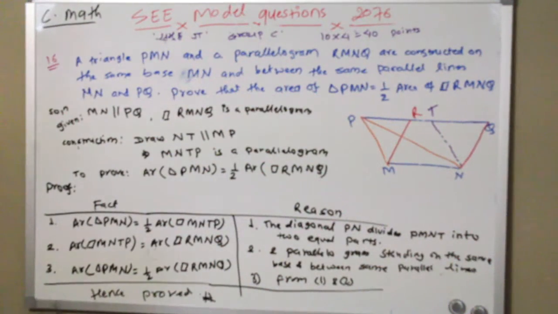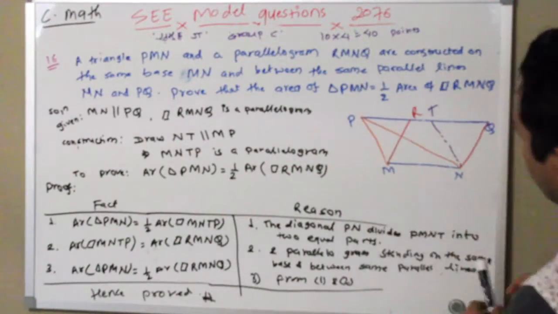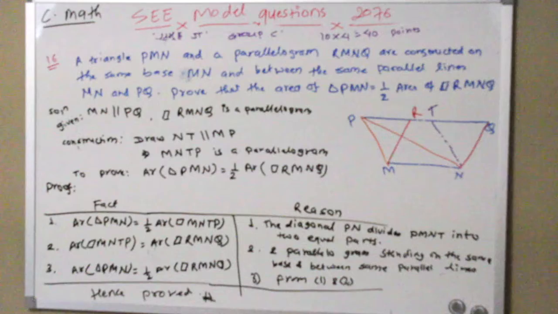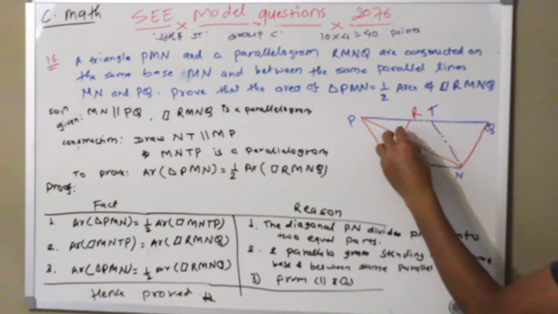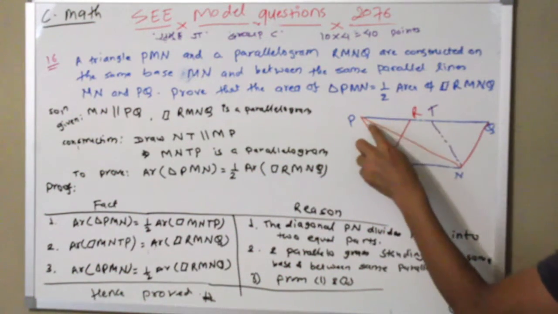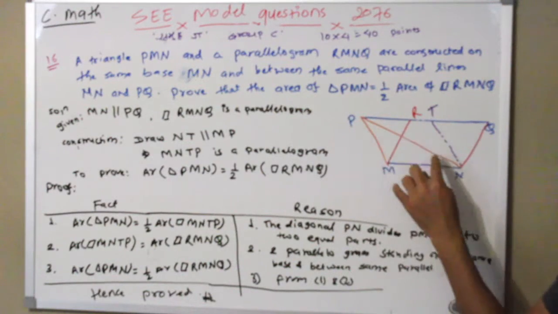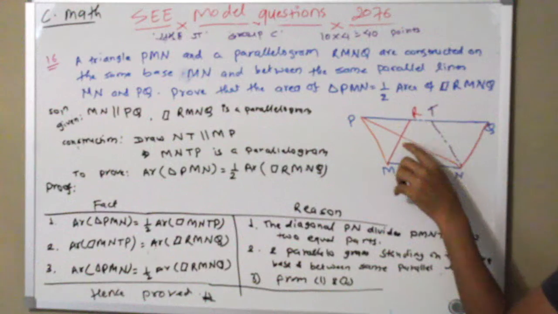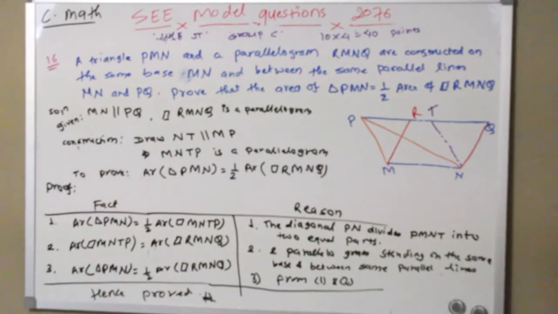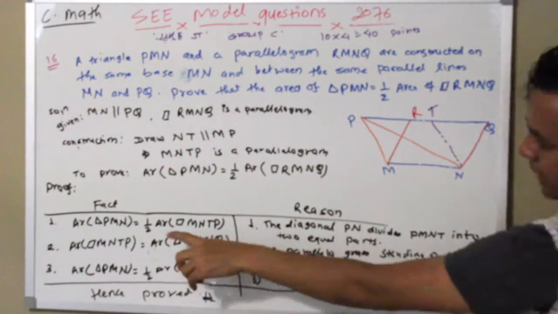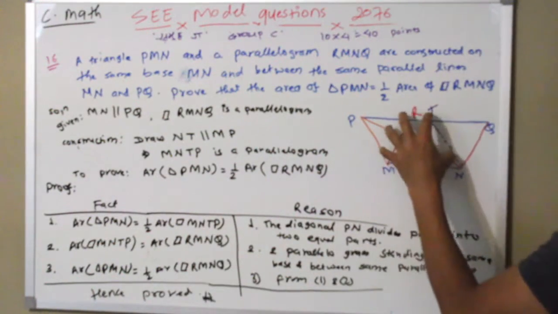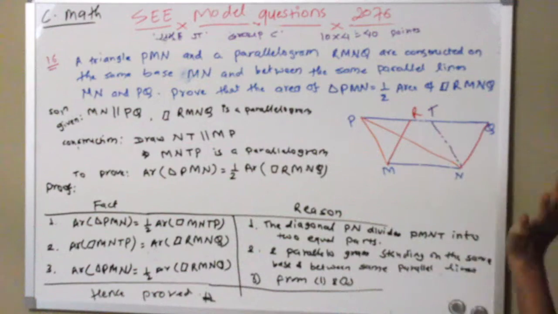Only you need to understand how to make the construction. When you do the construction, you say, I have to draw a line NT parallel to MP. Then when I have a parallelogram, PN is a diagonal, and this divides it into two equal parts. So the area of the triangle equals half of the whole parallelogram because the diagonal divides it into two equal parts.